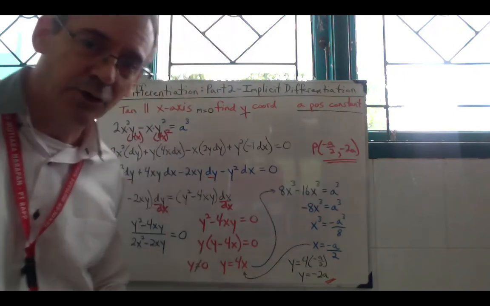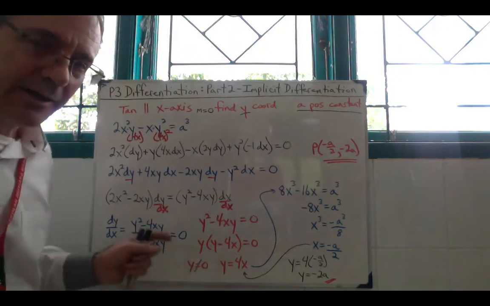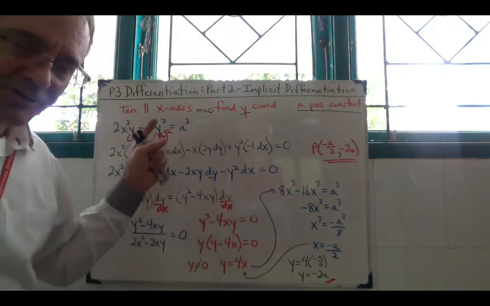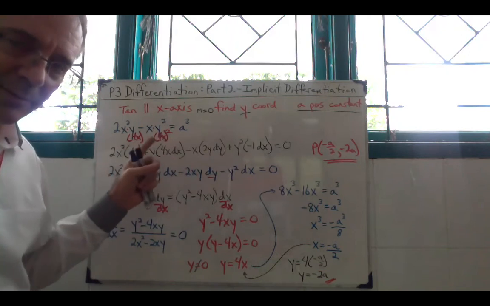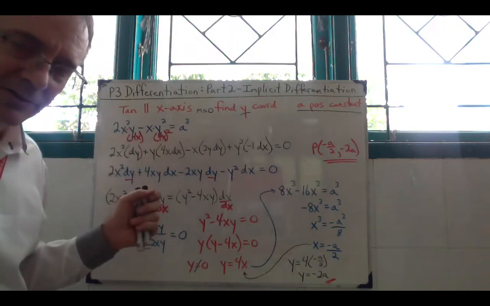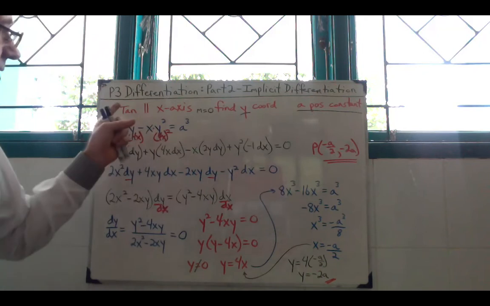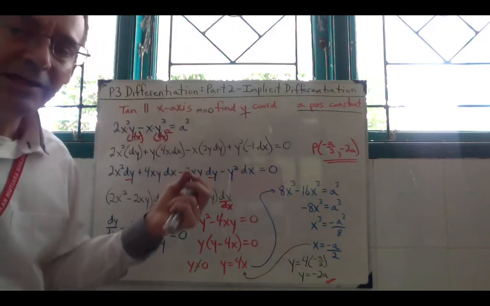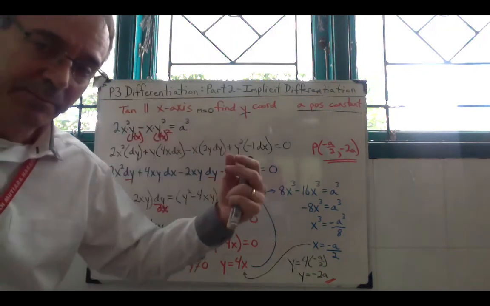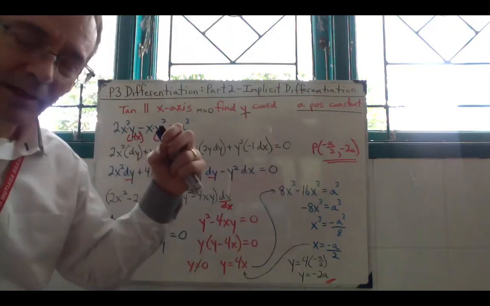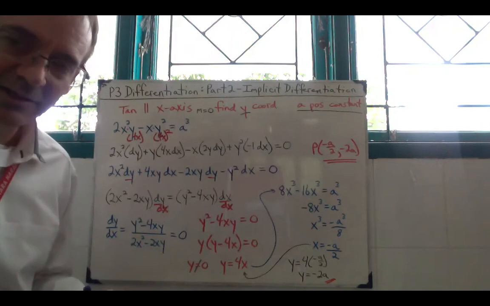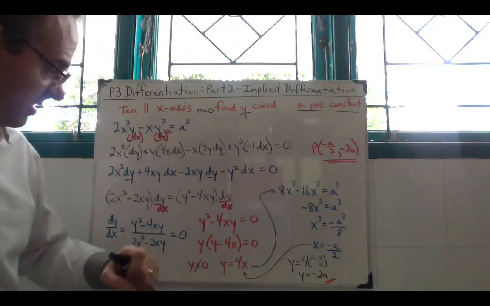So again, a lot of what you're doing is just algebraically working things through, using derivatives, the product rule, keeping track of your differentials. But there are also some correlation things that you need to remember from Pure Maths 1 and from the different applications that we did with derivatives.